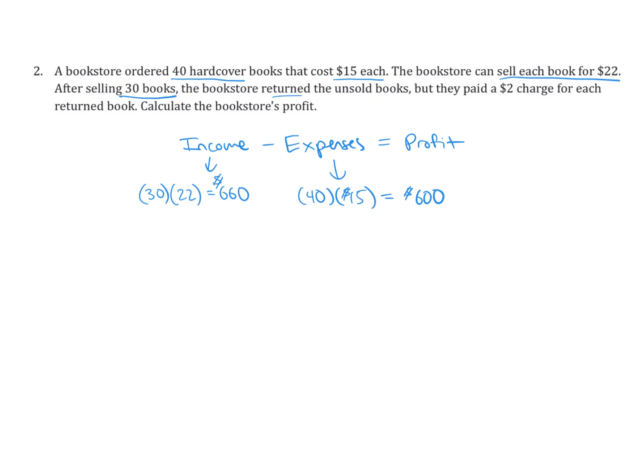But then the bookstore returned the unsold books, but they paid a $2 charge for each returned book. So if they bought the books for $15 each, but then they returned them paying a $2 charge per book, they're only getting $13 back per book. So that's going to be additional income because they're going to get that money back, but only $13 for each returned book. And since they initially bought 40 and only sold 30, subtracting those, we get 10 books that they didn't sell.